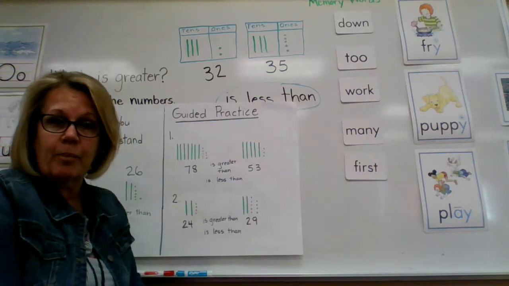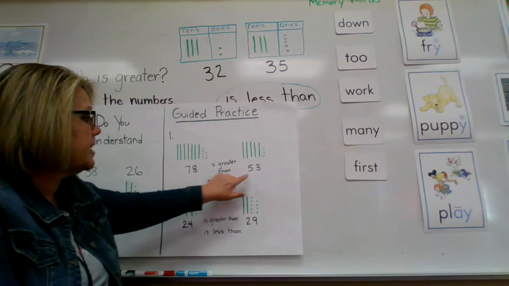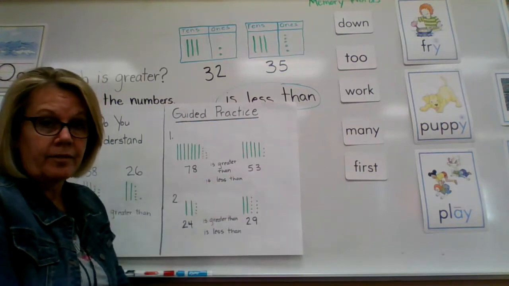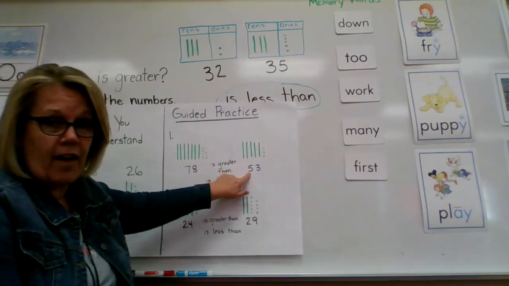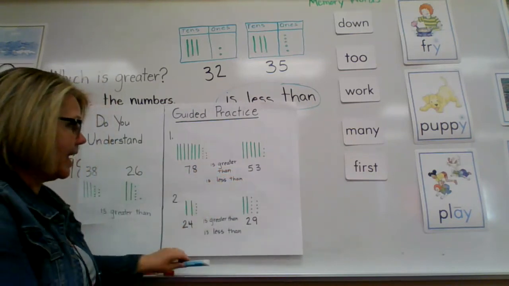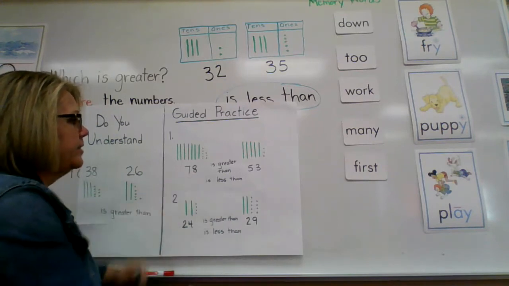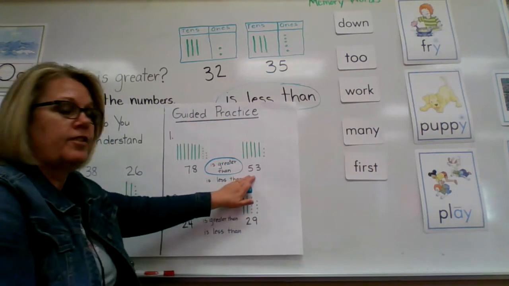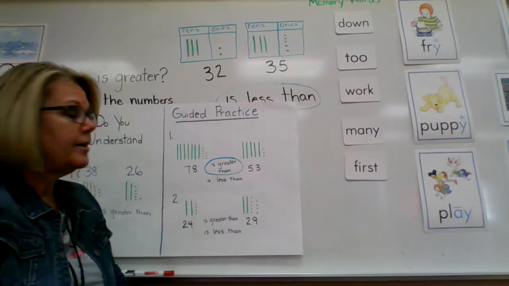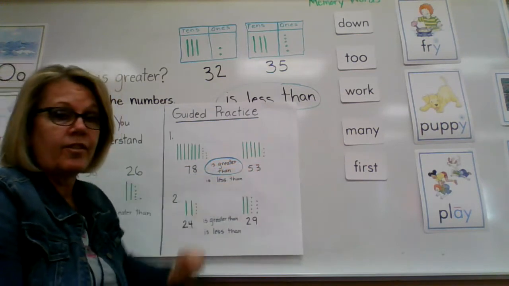We don't have to compare any further because the numbers in the tens place are different. And we know that 7 is more than 5. So now we can answer the question. 78 is greater than 53. Why? Because 7 is more than 5.